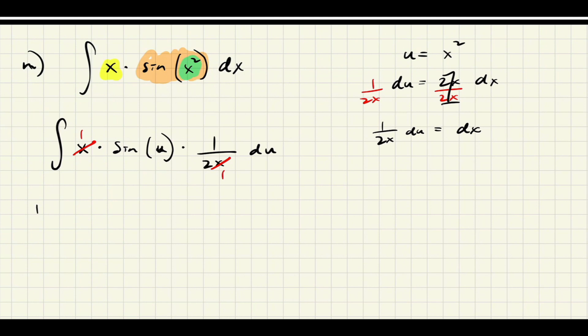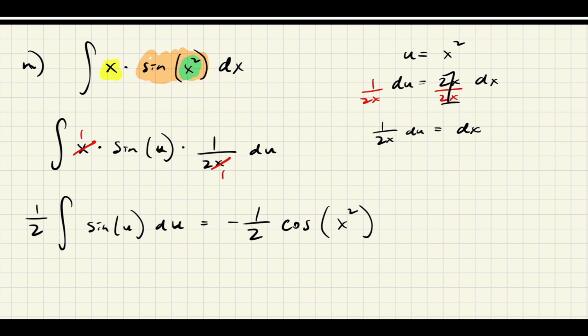So I'll have 1/2 sine of u du. The antiderivative of sine is negative. Was it negative cosine? No. Is it negative cosine? Okay. So it's negative cosine. So I'll move the negative to the front. Cosine of u plus c.